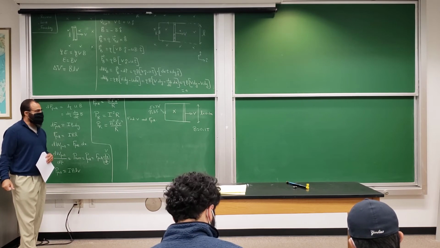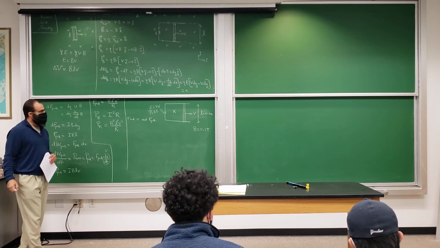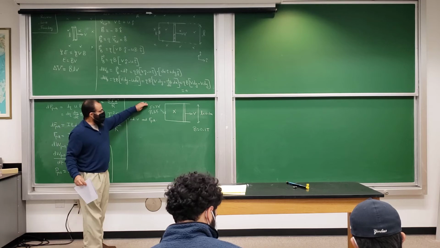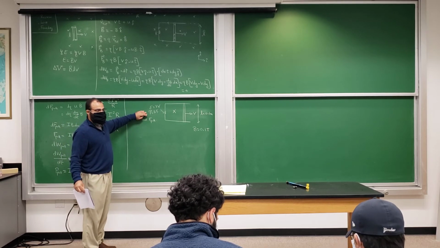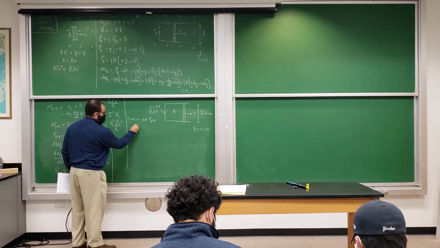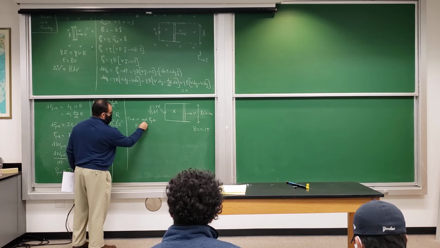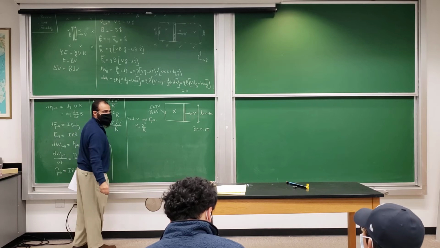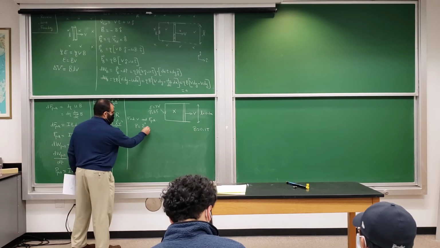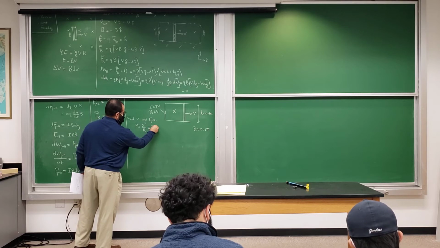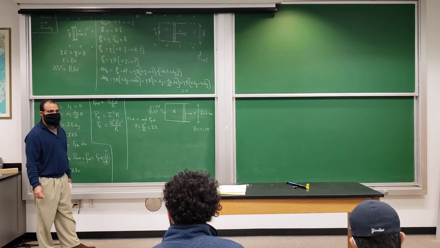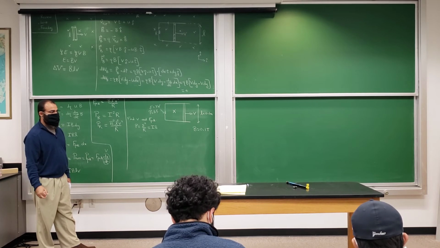let's look at the resistor. The voltage across the resistor, and this is the power in the resistor. So I know that for the resistor, the power is V squared over R, right? And it's also equal to IV, current times the voltage across the resistor.